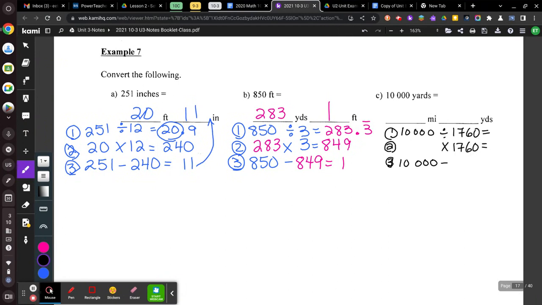So now I do my dividing, I get 5.6, etc. All I want is my 5. That number goes to step 2. I times it by 1760, I get 8,800. That's the number I subtract in step 3. That's going to give me a difference of 1,200, which is my leftovers. So 1,200 yards. This concludes lesson 3.